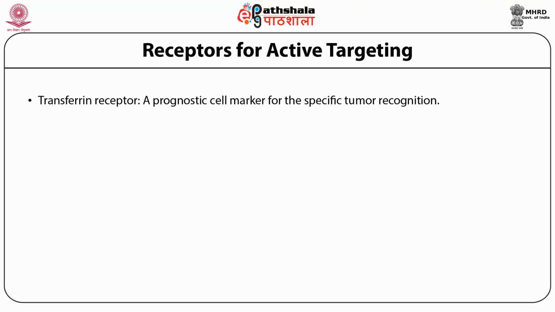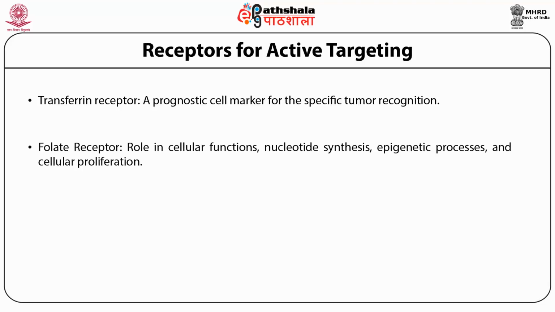The second receptor is the folate receptor. This receptor, which has a molecular weight of 441 Daltons, is a member of the B complex vitamins and is a vital cofactor in carbon transfer reactions for the biosynthesis of nucleotide bases.